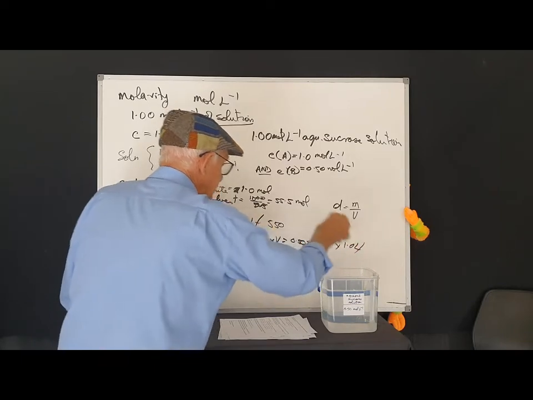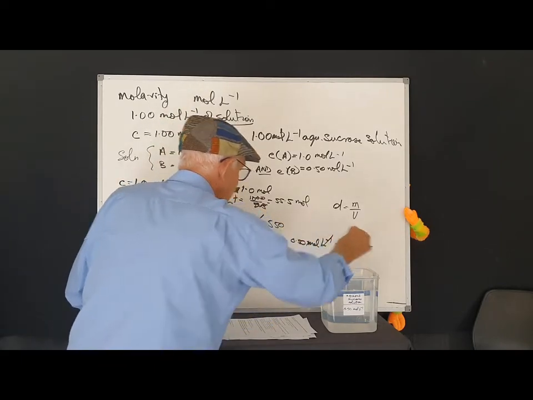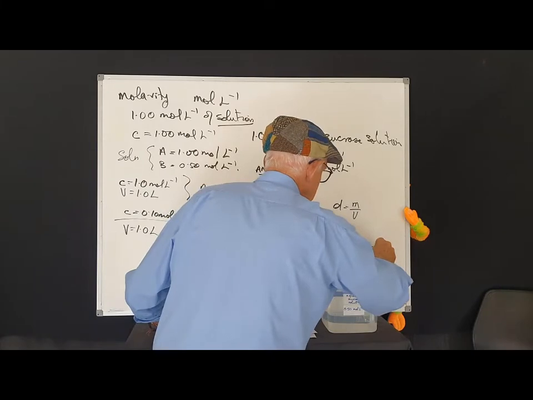Per litre and litre cancel out, and we have 0.5 of a mole.